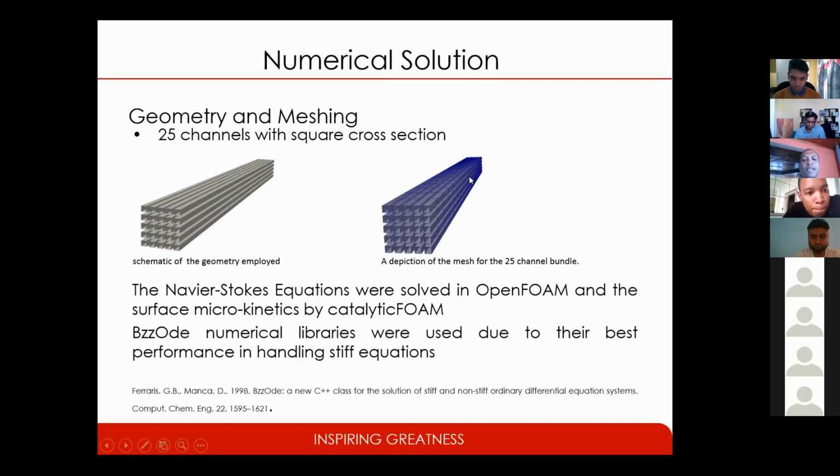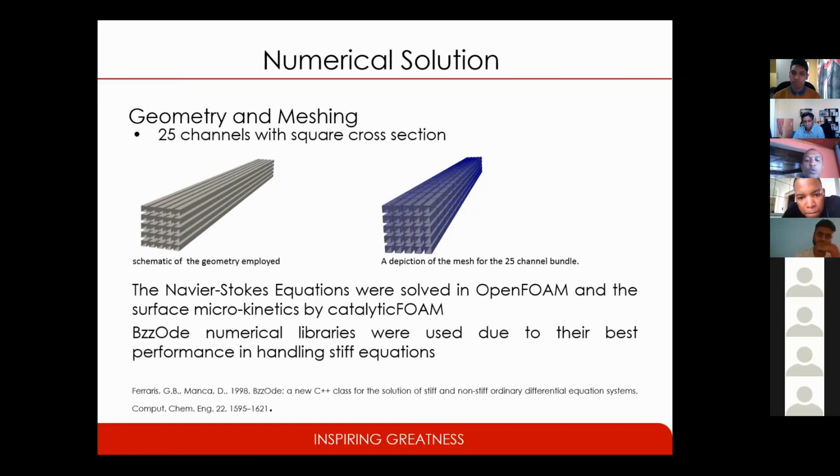And the Navier-Stokes equations that I have shown in the previous slides, therefore, will be solved at each channel in the multi-channel scenario, as I've said, in open form. But remember, in this case, we have transport and surface microkinetics.